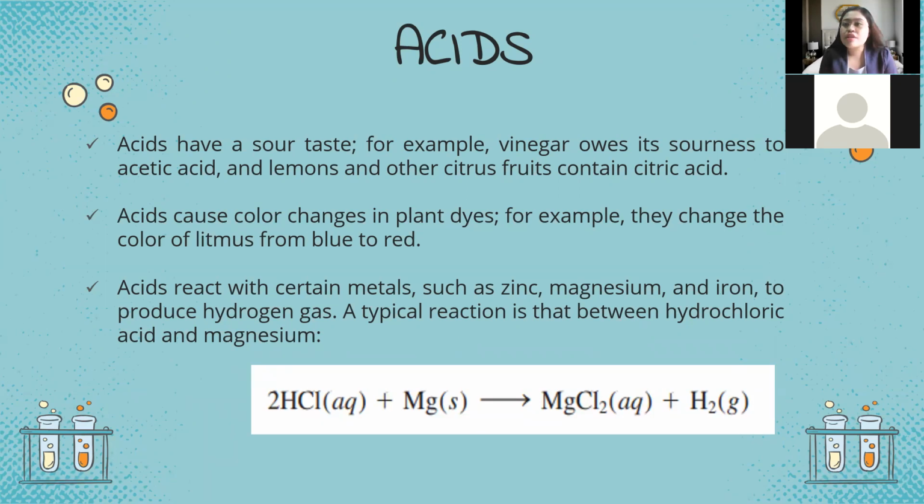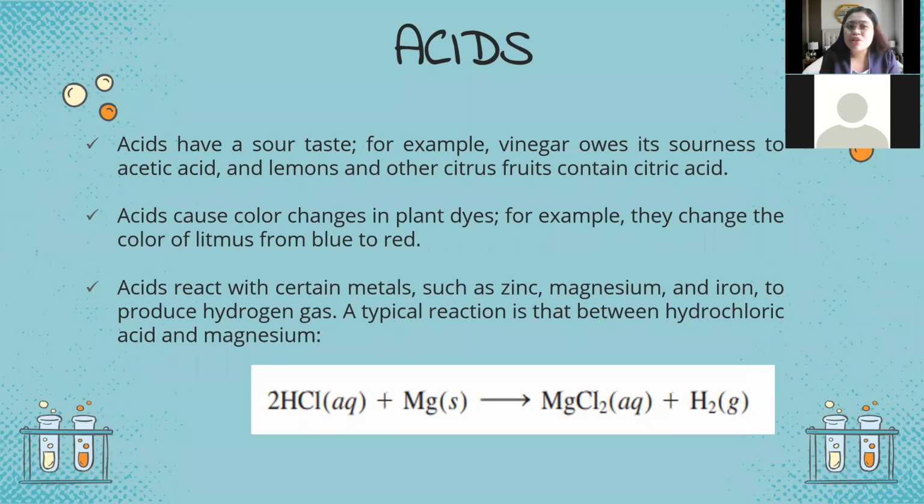And then lemons and other citrus fruits, mga citrus fruits natin, but if kakainin natin, they also have sour taste, and that is attributed to the presence of citric acid. So yan naman yung acid na nag-exist sa mga citrus fruits. So again, acids have sour taste.